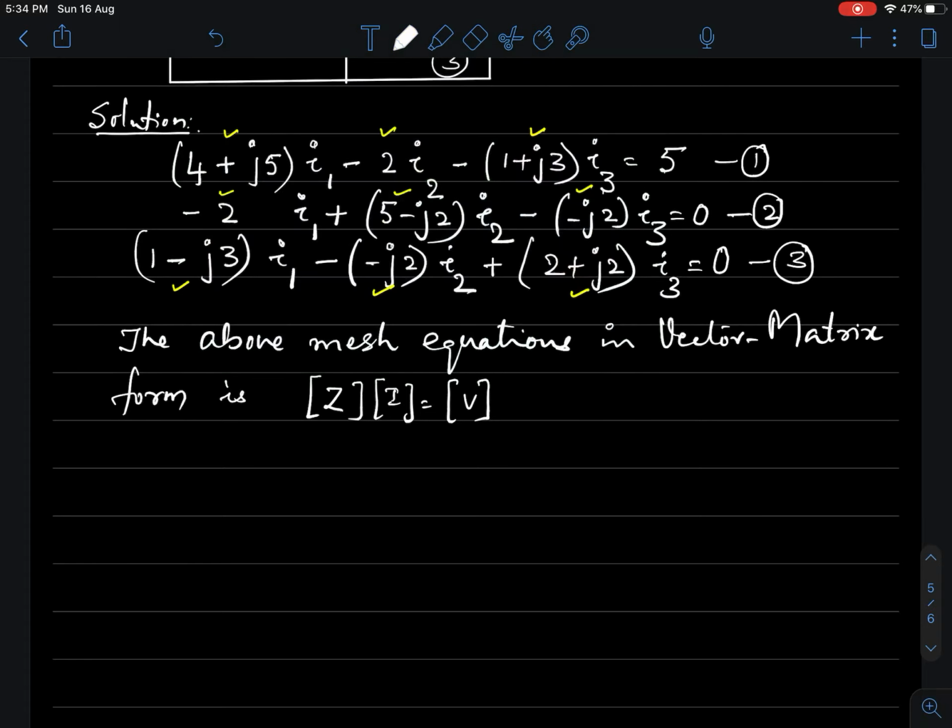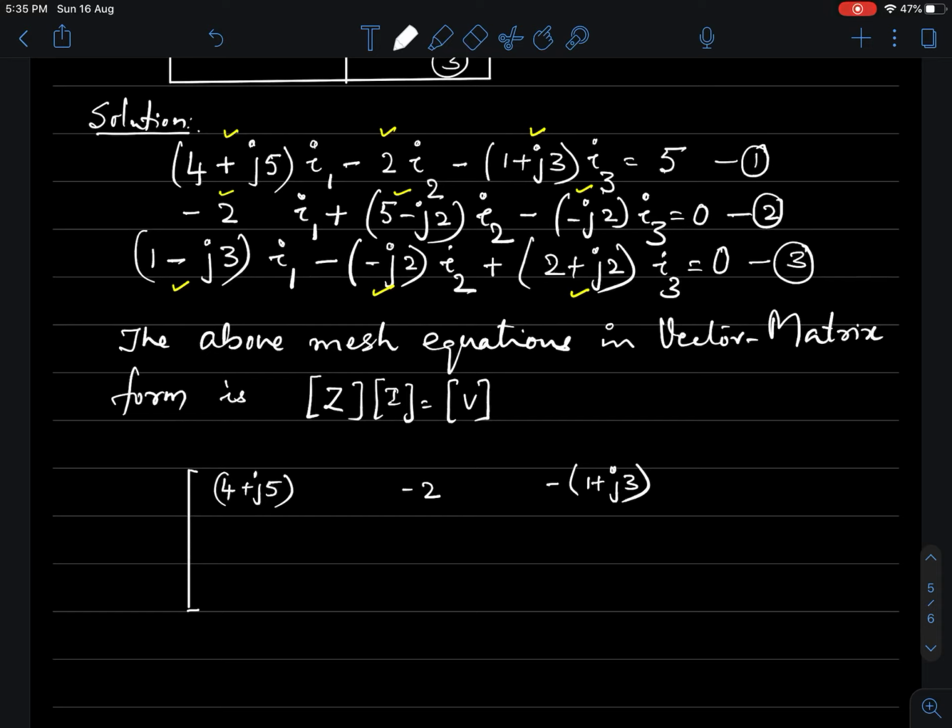Our impedance matrix has the first row as the coefficient of I1, that is 4 plus J5, coefficient of I2 minus 2, coefficient of I3 minus 1 plus J3. So we arrange it in rows.